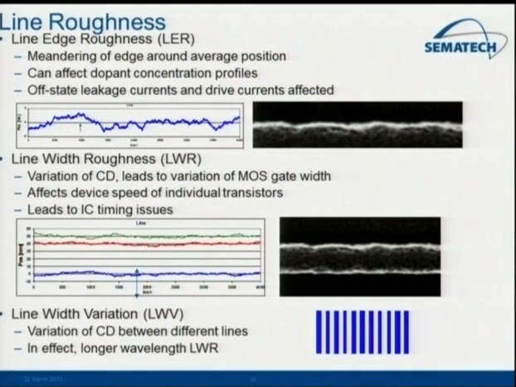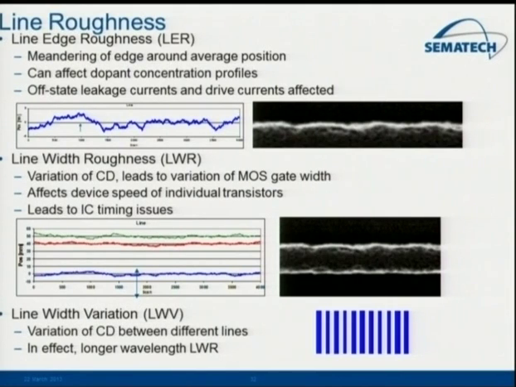But another critical thing, on the slide I skipped over, is actually the roughness of the lines. 20 years ago, people were less worried about roughness because you had a 1 micron line and a few nanometers of roughness, which is a lot less than 1% variation across the line width. But now, most of the intrinsic roughness of these lines comes from the processing steps that are not scaling with regards to how you can produce roughness, or try not to produce roughness, but end up with roughness anyway.